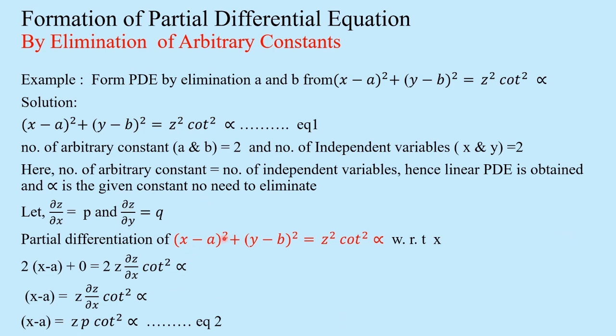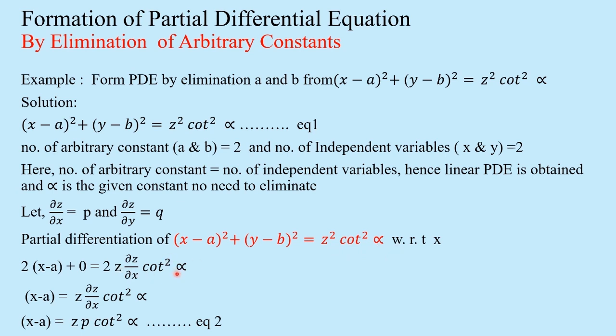Partial differentiation with respect to X. So here this term will become 2 into x minus a, plus the y term, because we are differentiating with respect to x, this y becomes 0. So we'll write here 0 is equal to z square. Z square will become 2z, and then again by chain rule, we have to differentiate z.